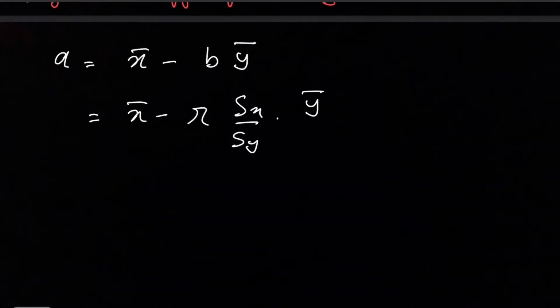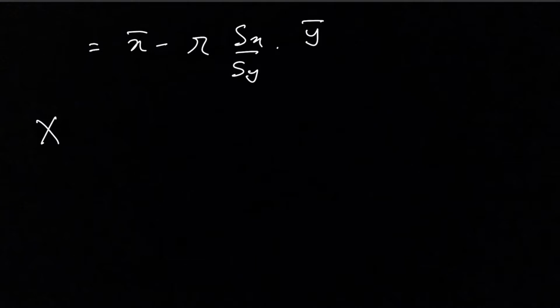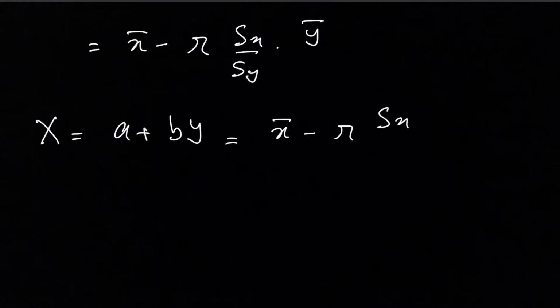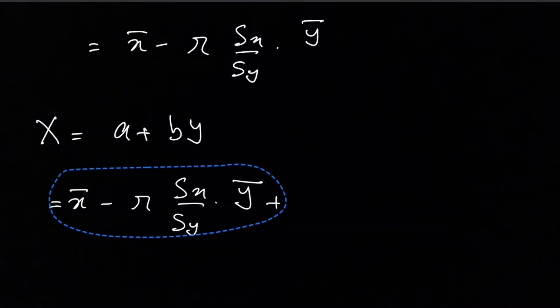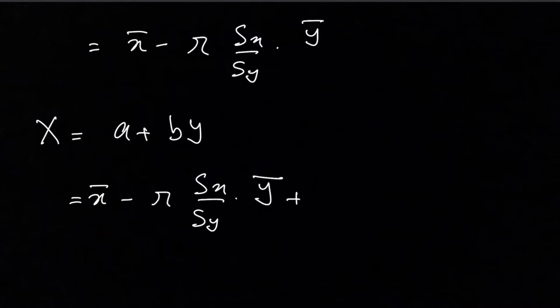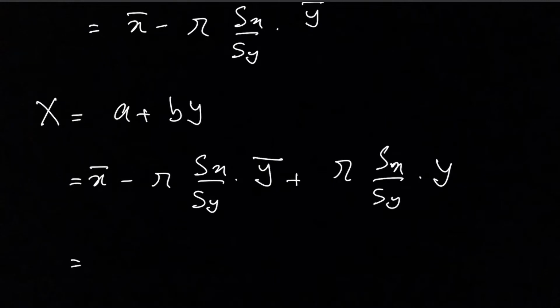And again putting the value, the regression line finally becomes x equal to a plus b y, which is nothing but x bar minus r times sx by sy times y bar, plus, let me write it in the next line, here we'll put the value of b, so it's r times sx by sy times y. So this is nothing but x bar plus r times sx by sy times y minus y bar.